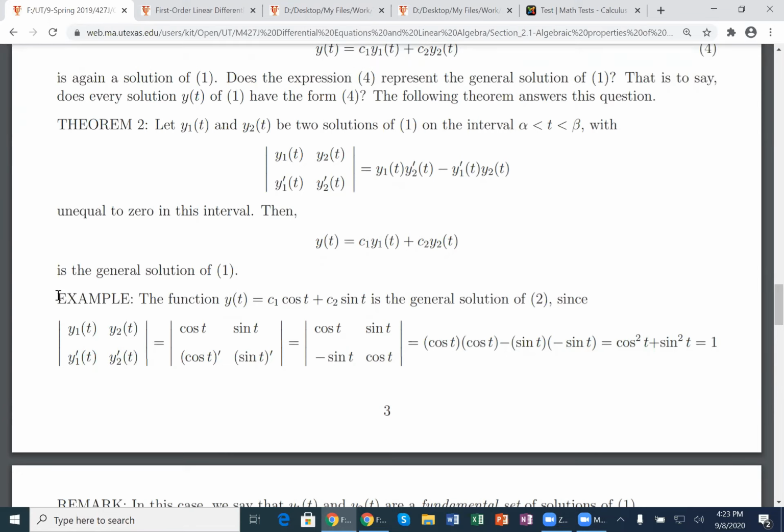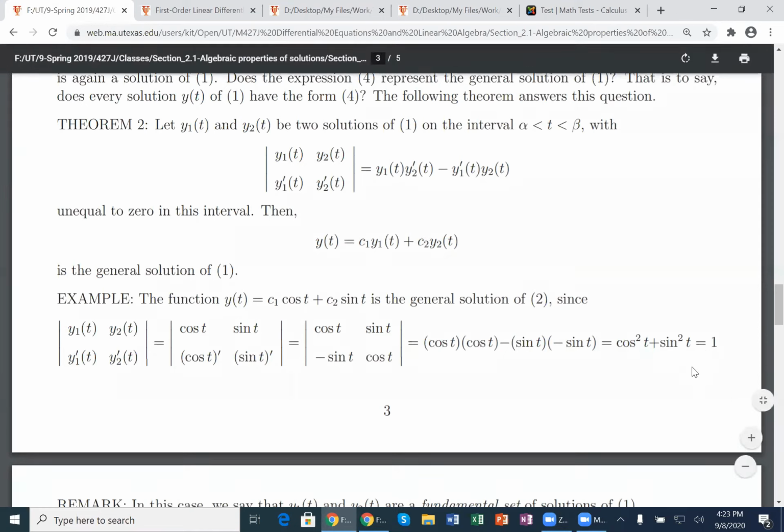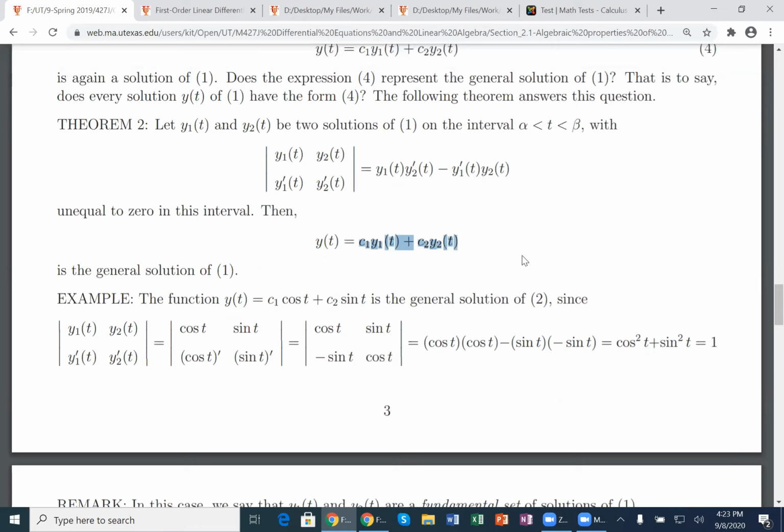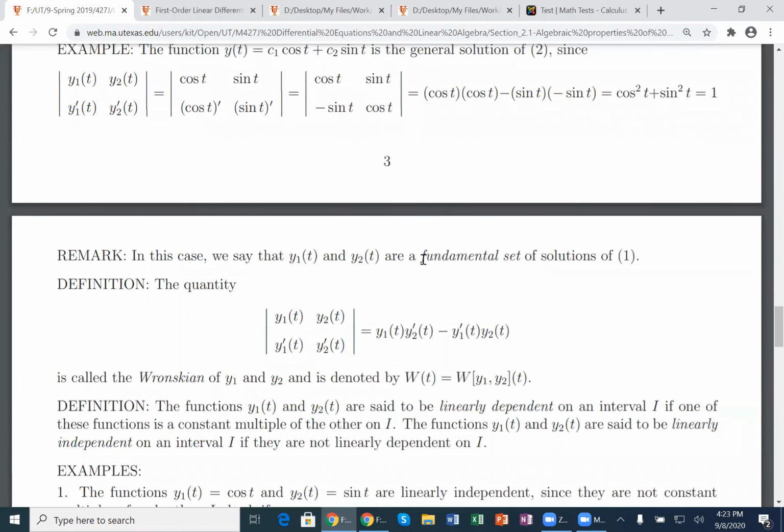Any other questions? So as long as it equals anything but 0, then it's a... Yes. If after all simplifications we get a non-zero number, this is the general solution.